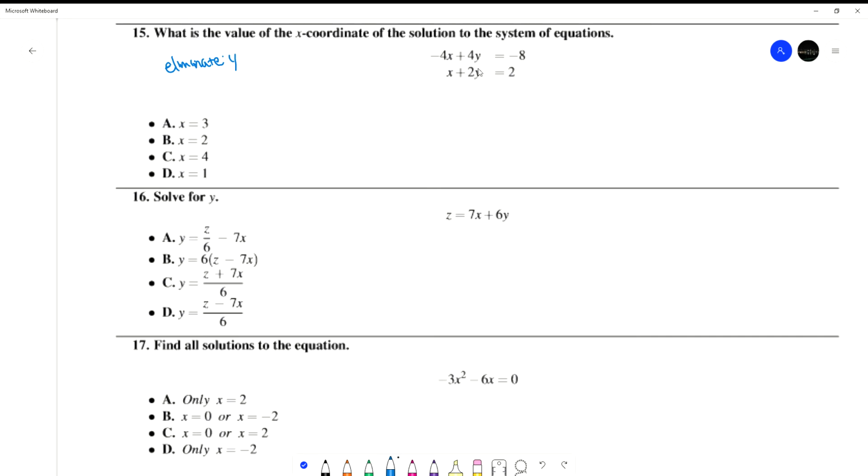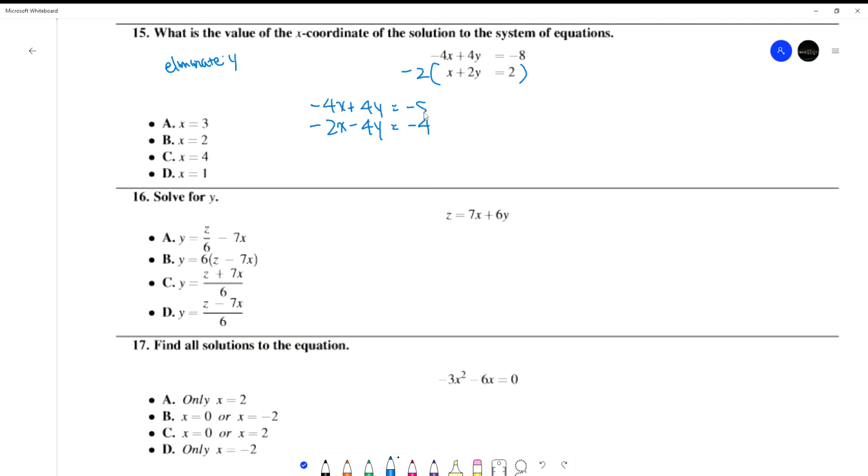So if I want to eliminate the y, I look at the y's here, and I see that the first equation is 4y, the second equation is 2y. So I'm going to multiply the second equation by negative 2. And in doing that, I get negative 2x minus 4y is equal to negative 4. Okay, the first equation remains the same.